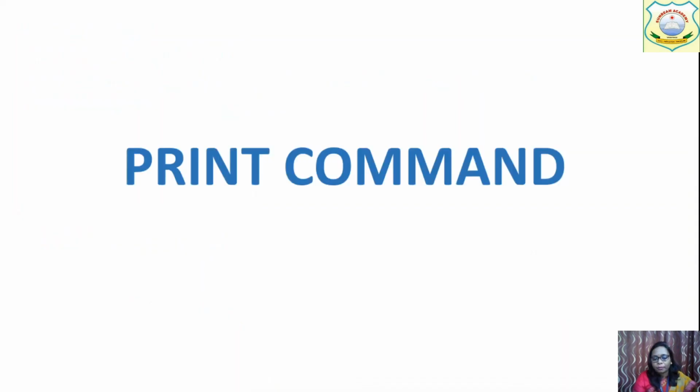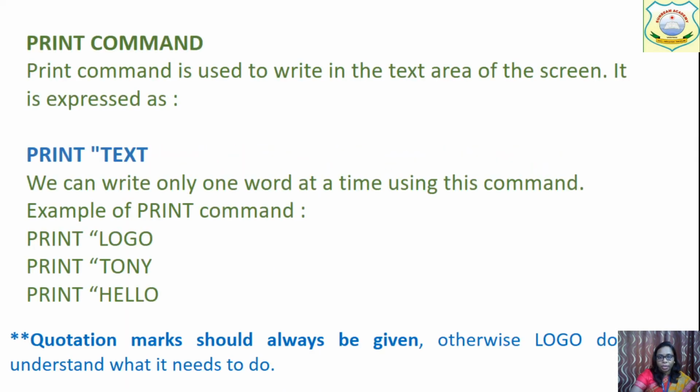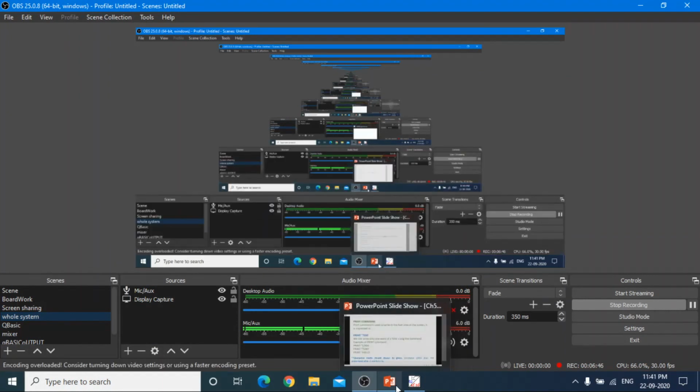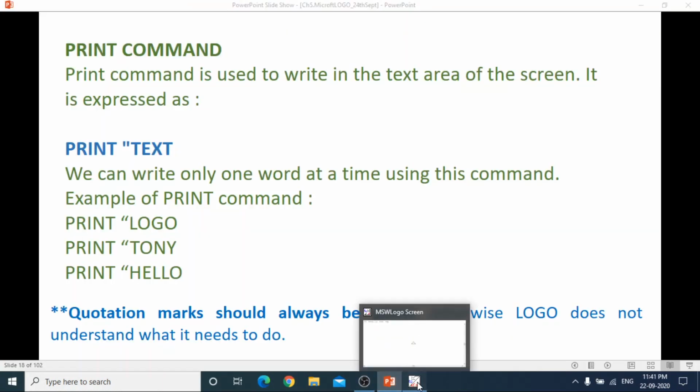Now we have the print command. Print command is used to write in the text area of the screen. Okay, just wait. Now see.